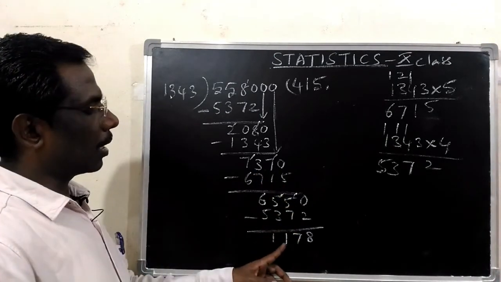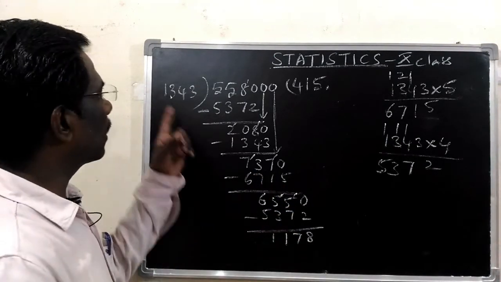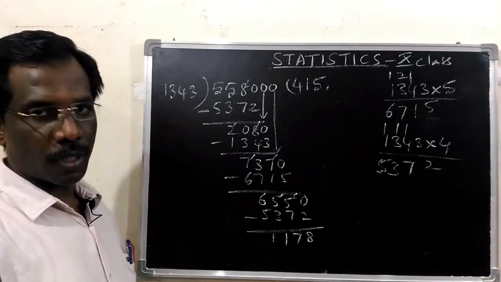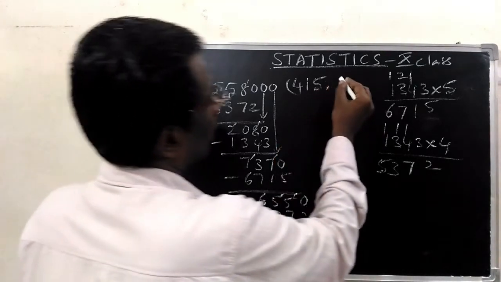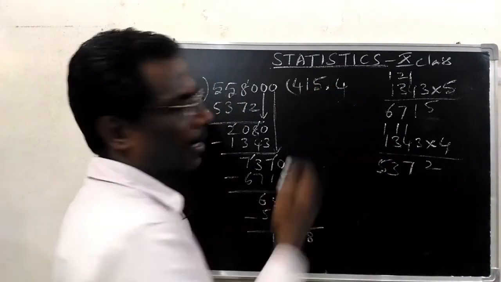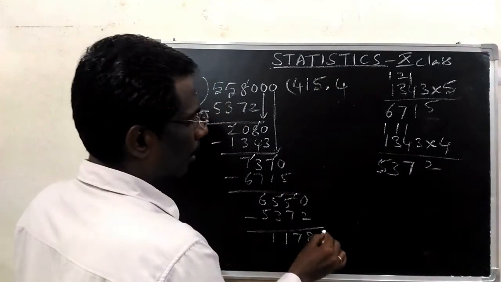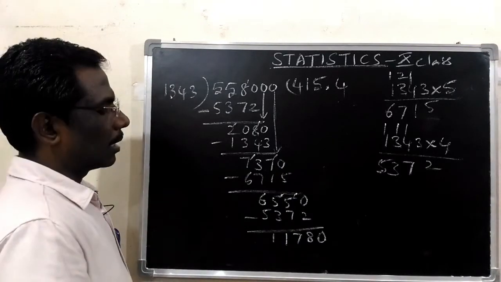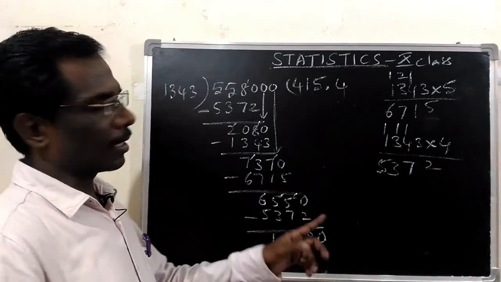This 1178 is also lesser than 1343. So we already took the point here, it goes 4 times, and we put 0. So it is 11780.